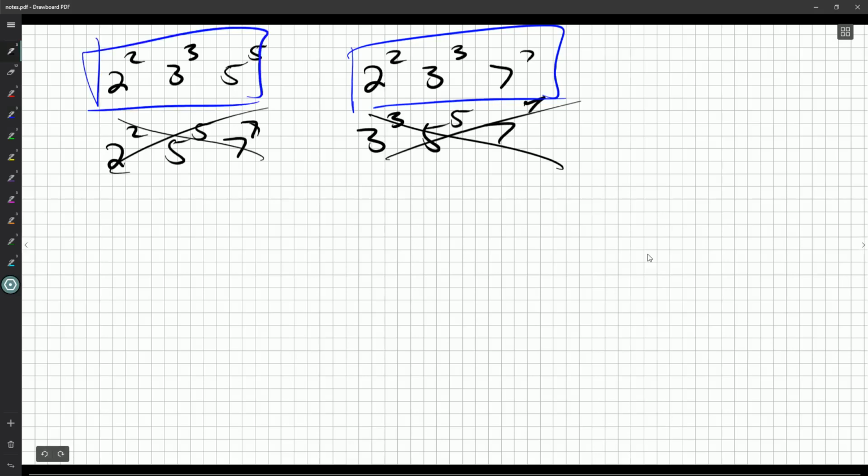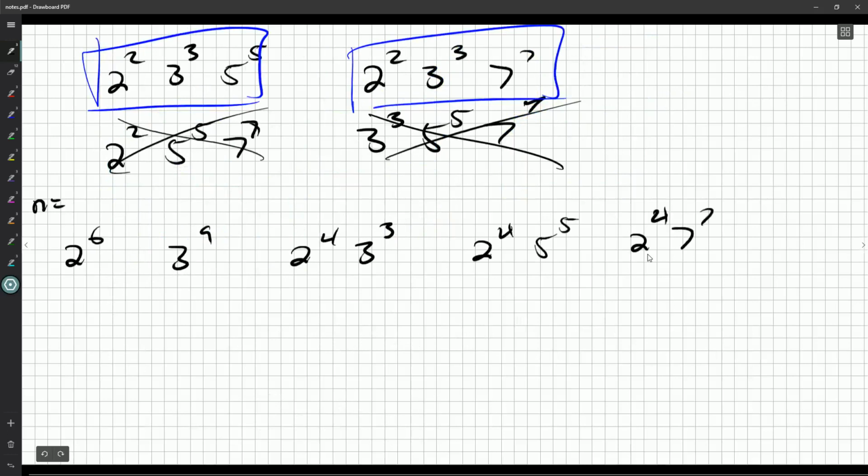But on the last page, let's put them all together. So 2 to the 6, 3 to the 9, 2 to the 4, 3 to the 3, 2 to the 4, 5 to the 5, 2 to the 4, 7 to the 7, 3 to the 3, 3 to the 3, 2 to the 2. Forgot about that one.